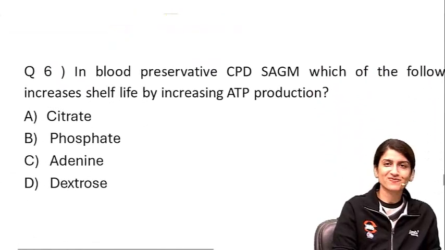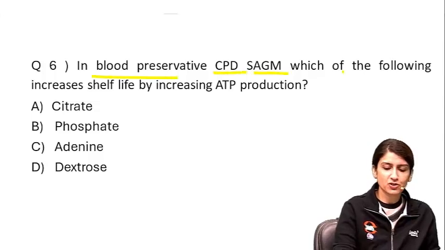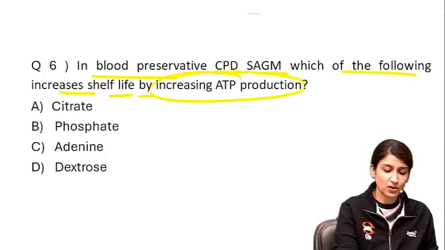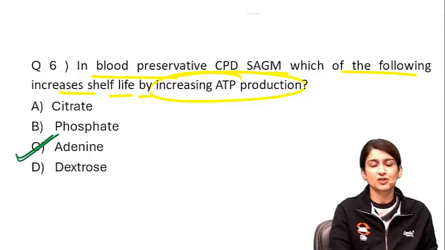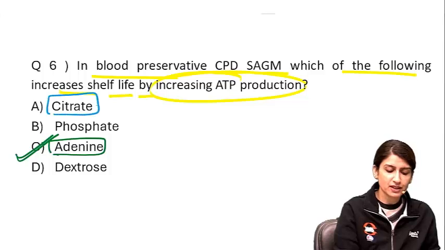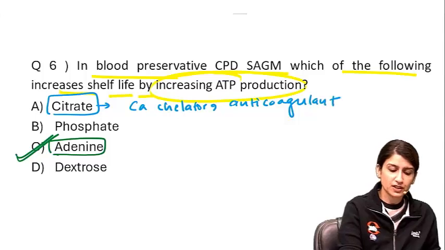Next question. Straightforward question. In blood preservatives CPD SAGM, which of the following increases the shelf life by increasing ATP production? सीधा question है. ATP कौन बढ़ाता है? हाँ जी, option C adenine. But if I talk about the rest, citrate क्या है? It's a calcium chelator and it's an anticoagulant as well, right? Phosphate का function क्या होता है?